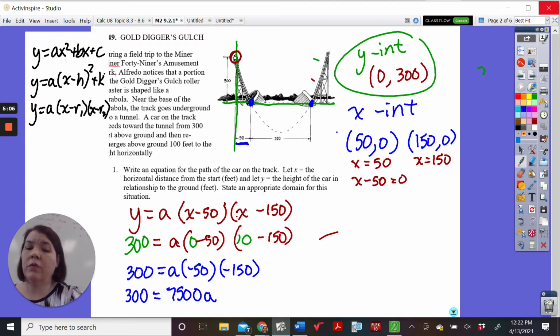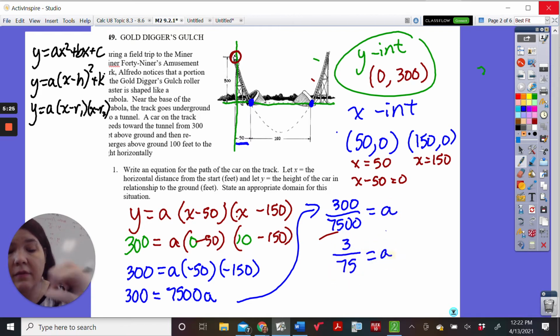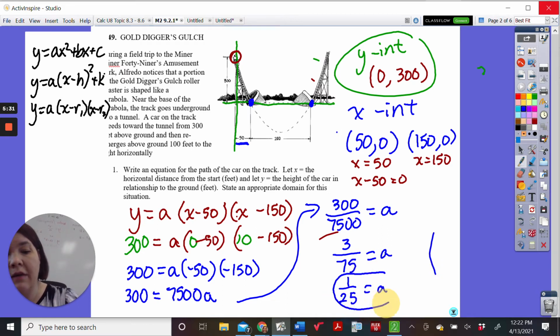Let me just make sure that I got that math right. Yep, 7,500. Okay, so we're going to divide by 7,500. So 300 divided by 7,500 equals a, which is 3 divided by 75. And so a is 1 over 25. So that's my a value.